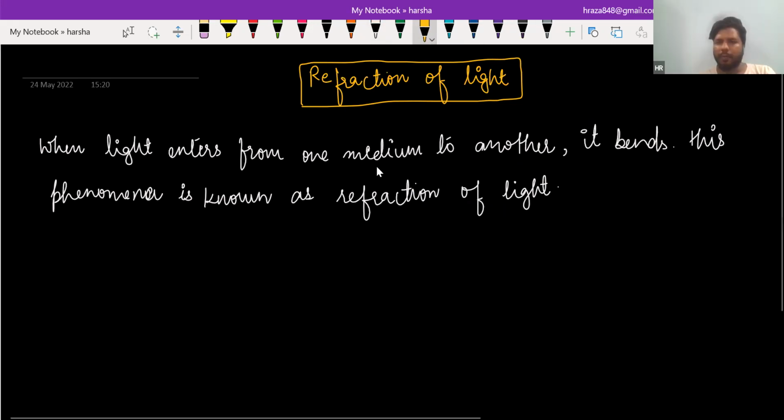So see, it is very important to know that when a light travels from one medium to another medium, it bends, and this phenomenon is known as basically a refraction of light.